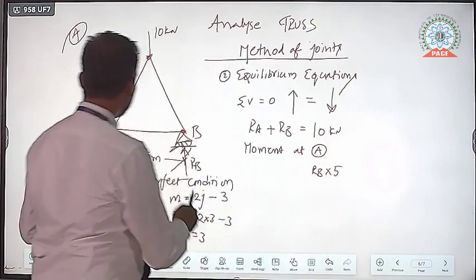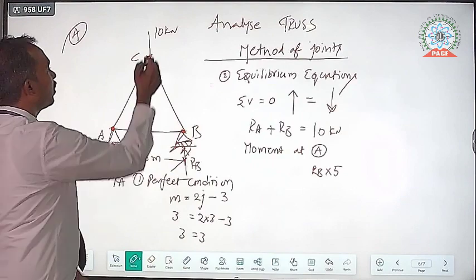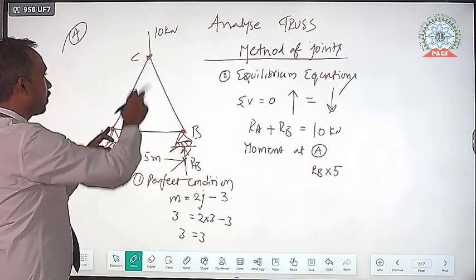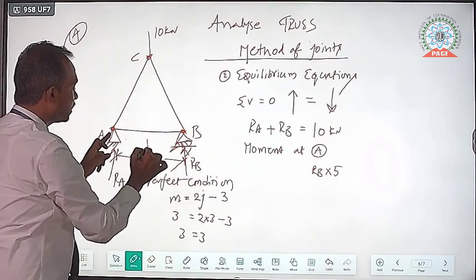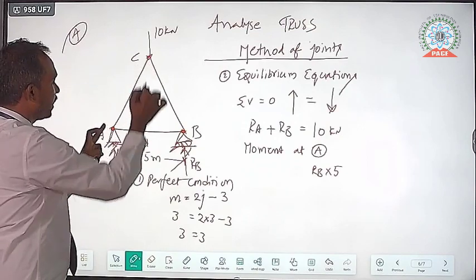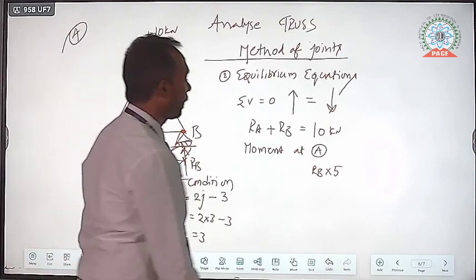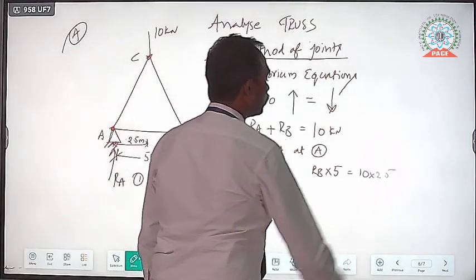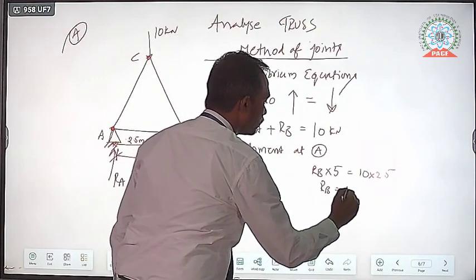Here one force is 10 kilonewtons acting in clockwise direction, that is 10 into the perpendicular distance from the moment center to the point of application of load, that is 2.5 meters. So RB into 5 is equal to 10 into 2.5. So RB is equal to 25 by 5 kilonewtons.